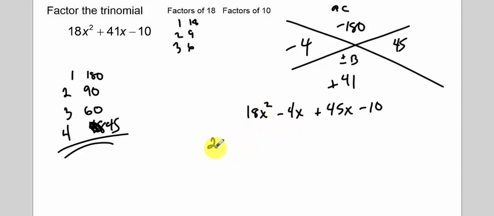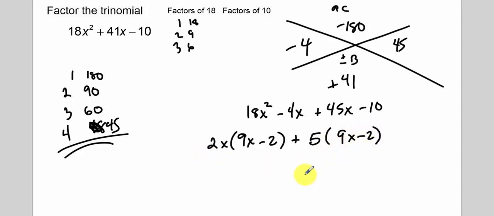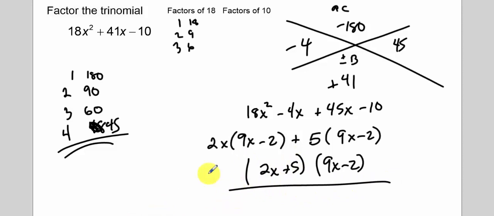That's going to be a 2 and an x, leaving me with 9x minus 2. And then I have a 5 in common here, leaving a 9x minus 2. So 9x minus 2 is my GCF again, leaving me with the 2x plus 5. And that's my factoring.